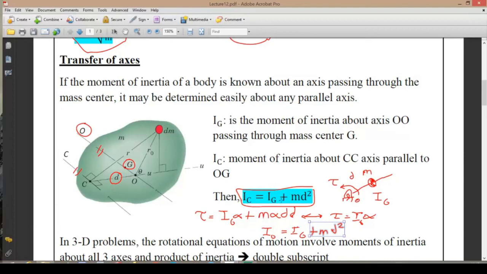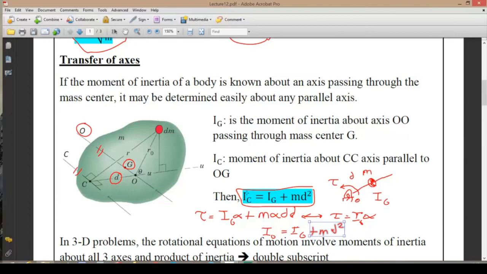So as a matter of fact, if you take a look at this equation closely, the mass moment of inertia that is calculated anywhere other than the mass center would be a higher mass moment of inertia, because you're always going to have d squared, and this is a positive value here.